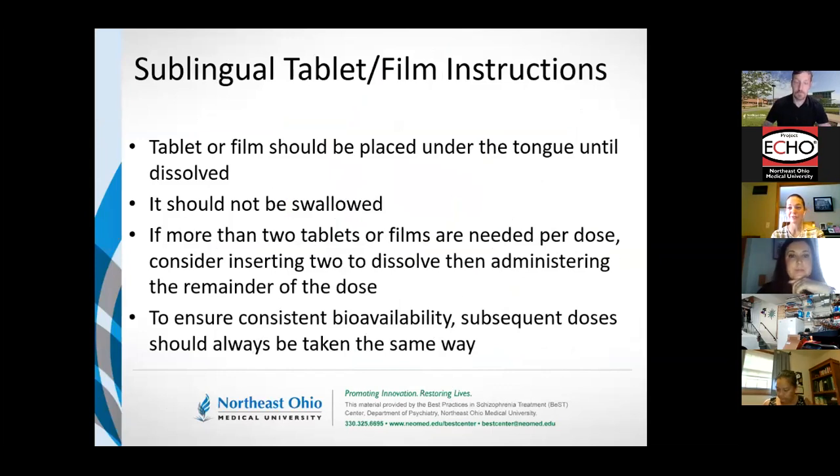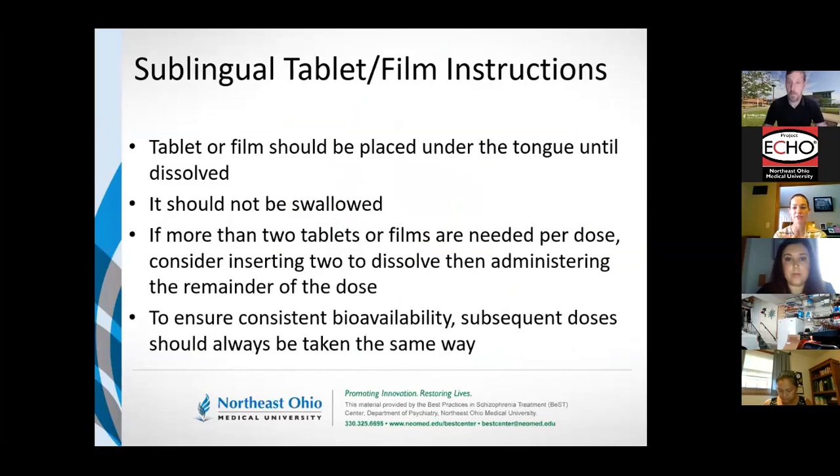Similar to the buccal film, they're placed under the tongue. Clean, dry hands, again. If they are wet, especially with the film, that could start to break down and dissolve right on the fingertips, and that could be really difficult because then they may not get the full dose.